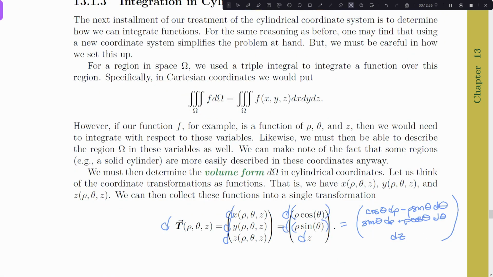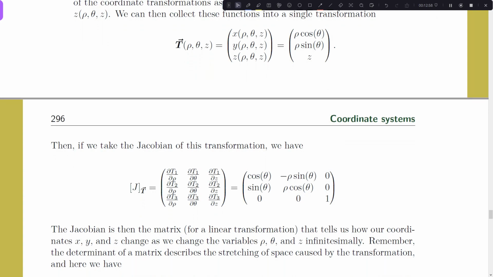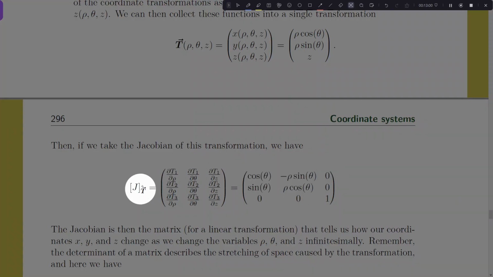Thankfully, what we end up doing when we calculate volumes is we multiply each of these coordinates together, right? So we're going to multiply each of these together, and under some simplifications, we recover something that's a little bit easier. We can represent the transition by this Jacobian, by the way.